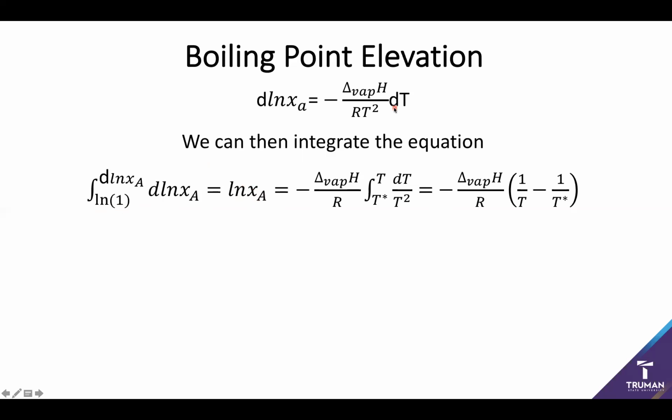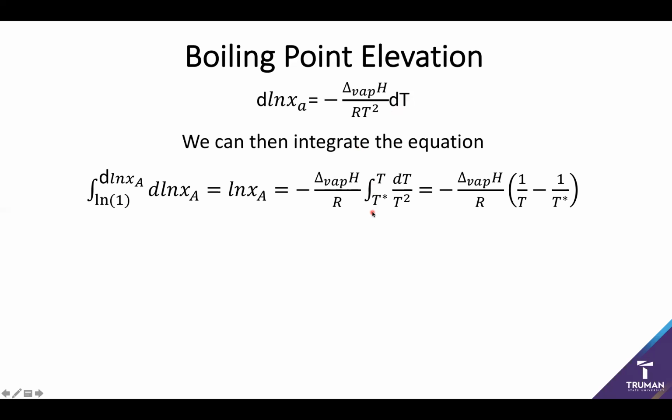Over on the right, what we can do is essentially pull out all of our constants, which is the enthalpy of vaporization and R. And here we're going to assume that the enthalpy of vaporization isn't going to change too much. And this is actually a fairly good approximation because in most cases, the temperature change of our boiling point is going to be fairly minor.